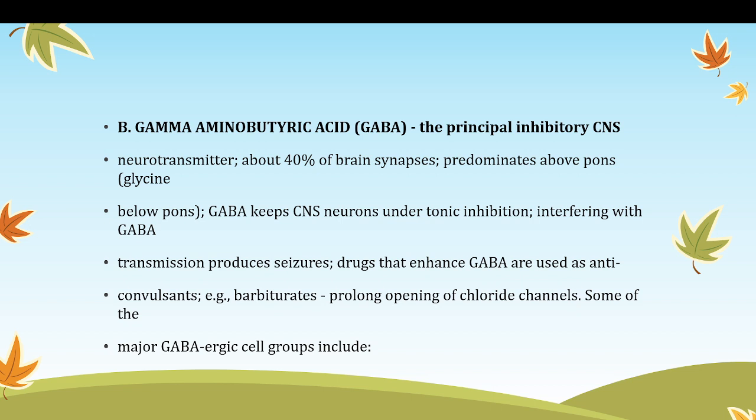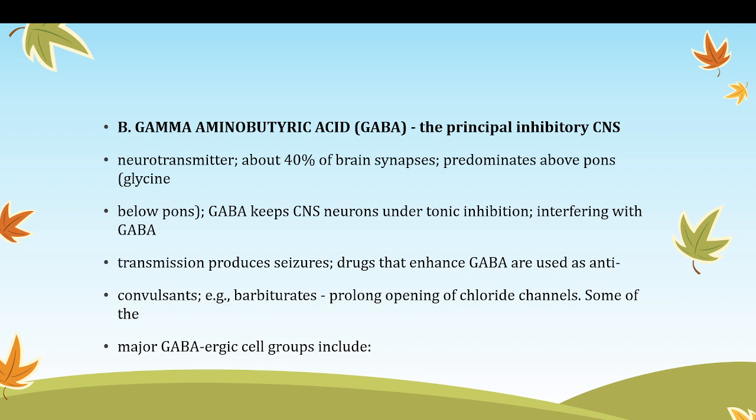Gamma aminobutyric acid, GABA. GABA is the principal inhibitory neurotransmitter. So GABA keeps CNS neurons under tonic inhibition; interfering with GABA transmission produces seizures. The drugs that enhance GABA are used as anticonvulsants, for example barbiturates, which prolong the opening of the channel.